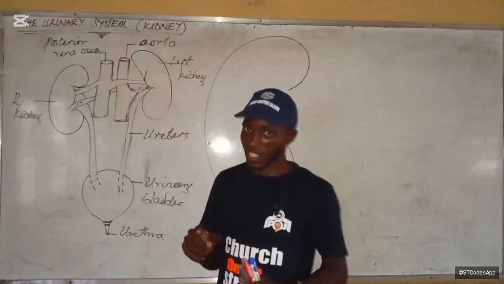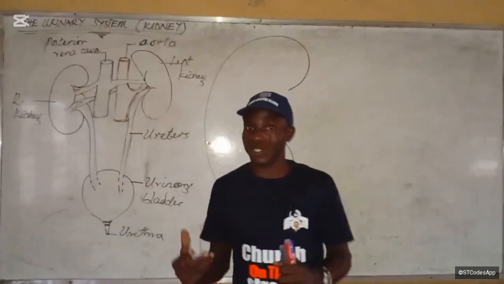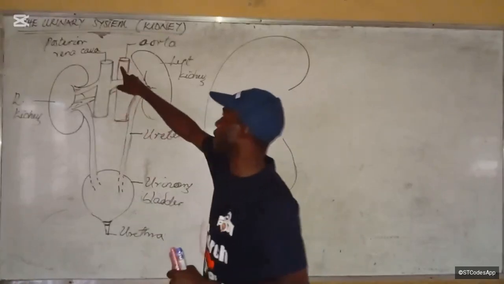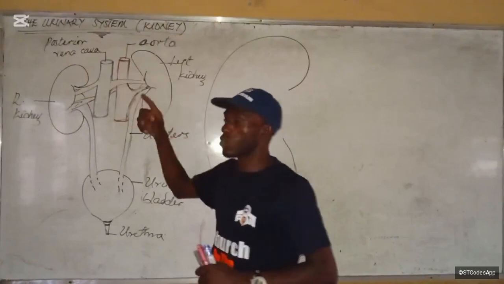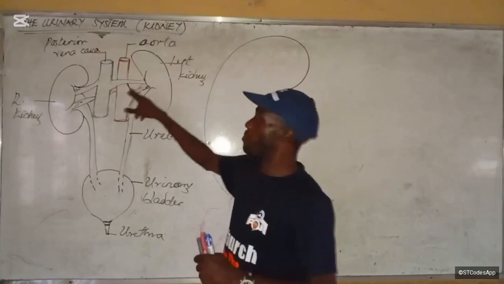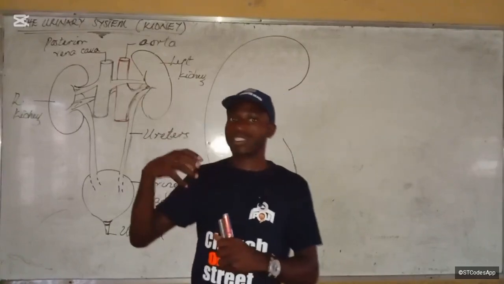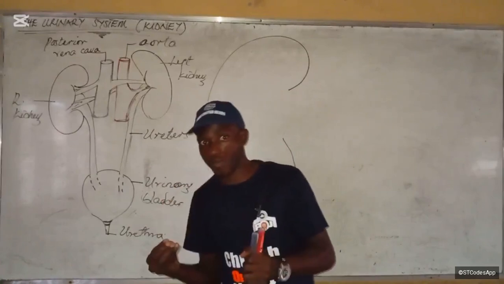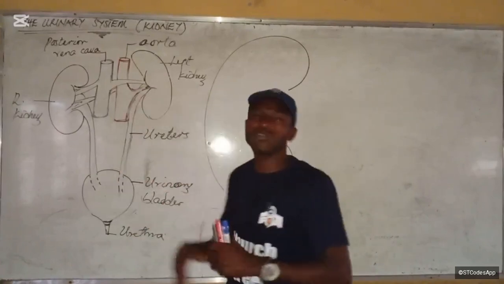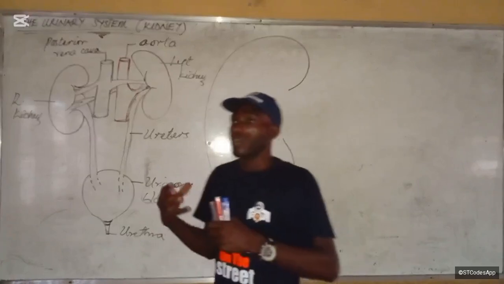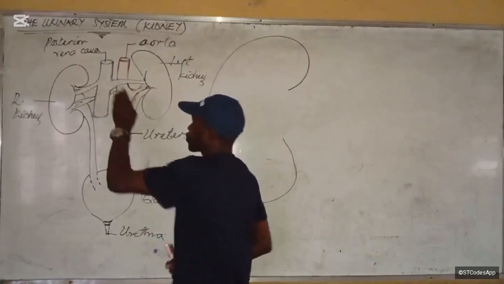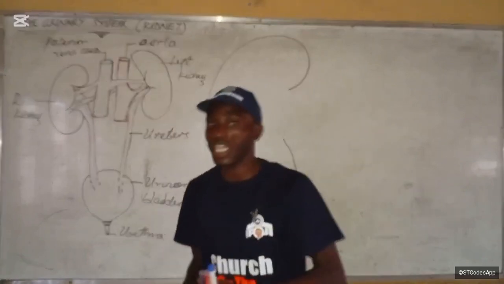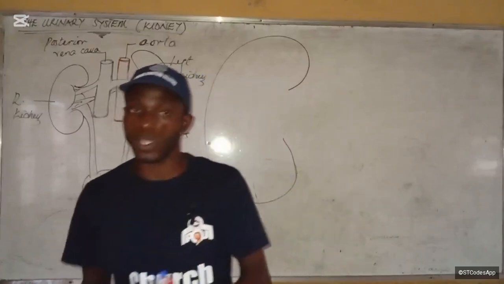Not bad blood per se, but blood that is filled with waste comes into the kidney through the aorta. Then the posterior vena cava takes purified blood to the heart.